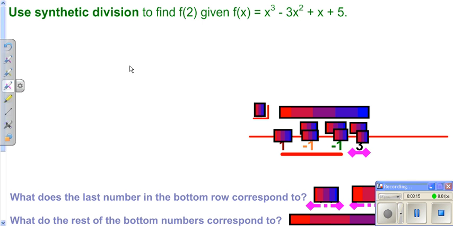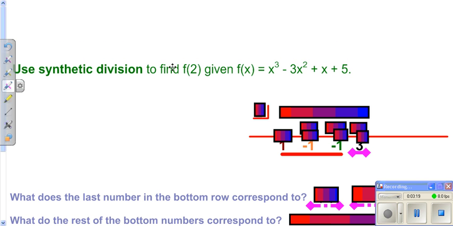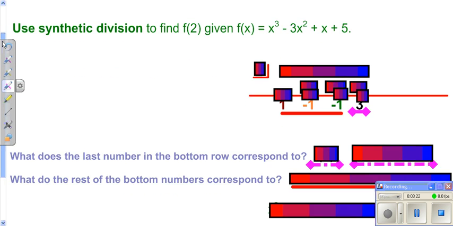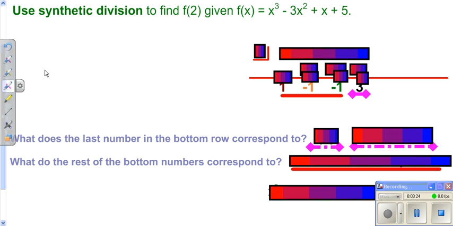Now, let's take a look at another option that we have. That's synthetic division. Synthetic division is a second way to do our division. Now, with synthetic division, we're going back to that same problem we did before in two different ways. What's in your parentheses is what x is.